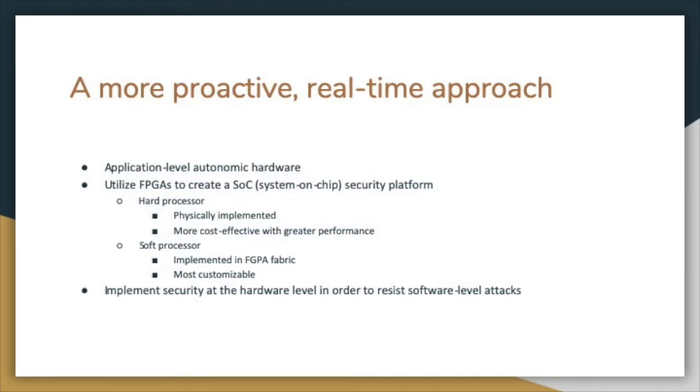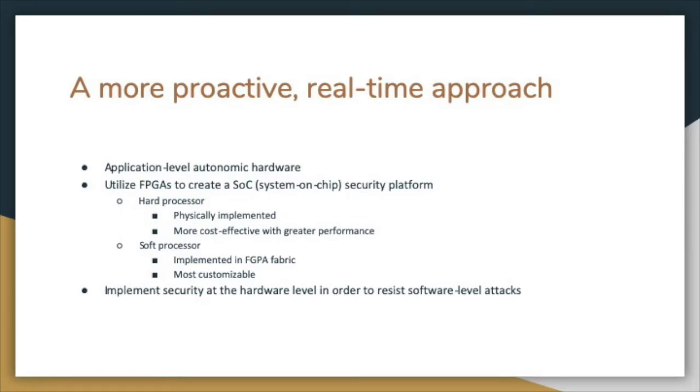To explain some of the terminology used to describe the proposed solution, both hard and soft processors were used. A hard processor is a physically implemented processor on the FPGA board.